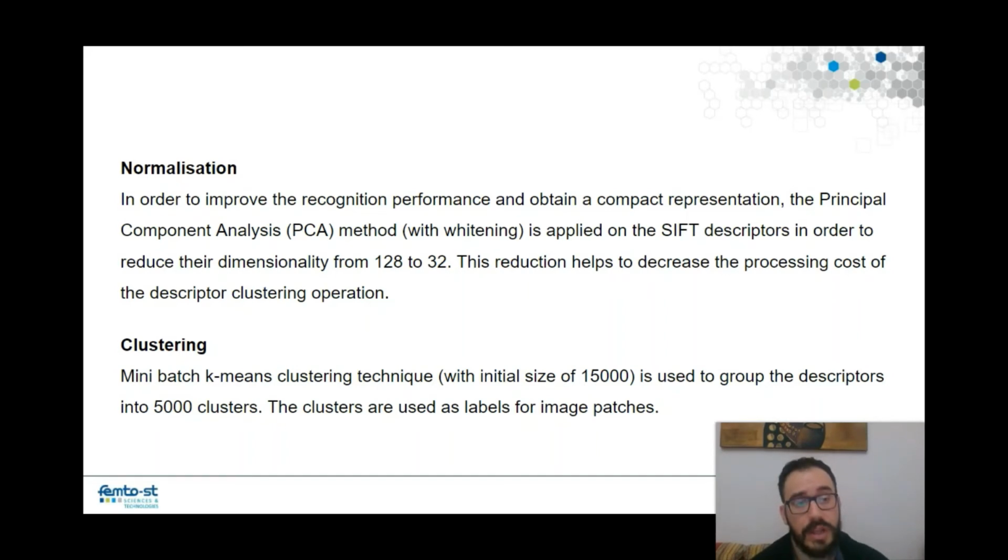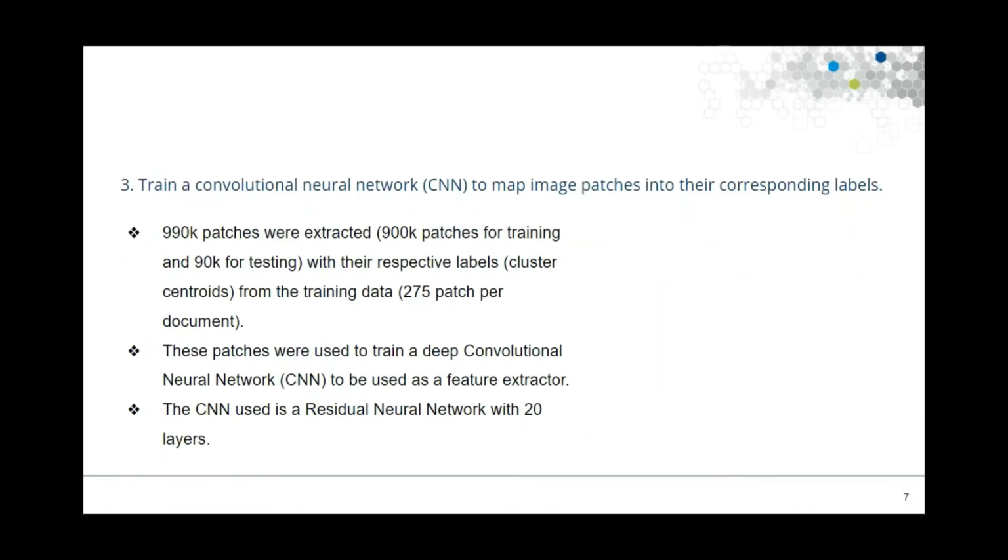This reduction helped to decrease the processing cost of the descriptor. Then we used mini batch k-means for the clustering. So we divided the descriptors into 5,000 clusters with 15,000 each, to use them as labels for the image patches.